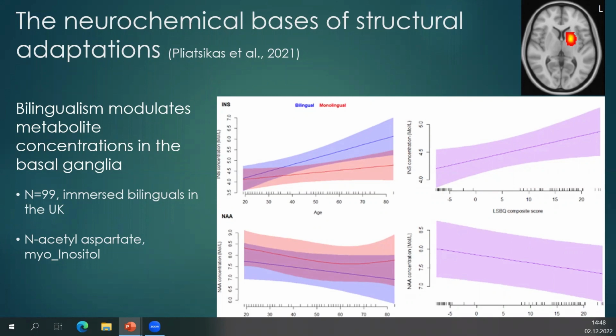But then we took this measurement of bilingual experience again, and we saw whether this composite score, which we call the LCQ, predicts this concentration, and it does predict it significantly, right? So a lot of this pruning is happening simply because they are bilinguals, and it's happening on top of the activity that is related to age. And the same pattern for NAA. I won't go over it again.